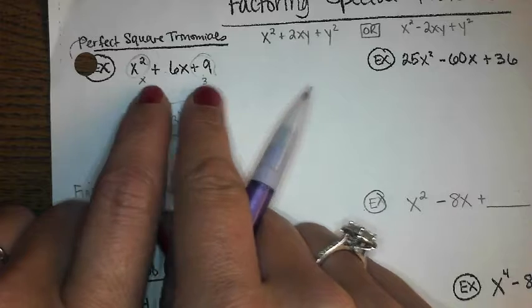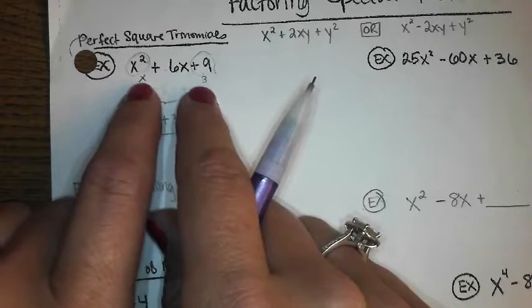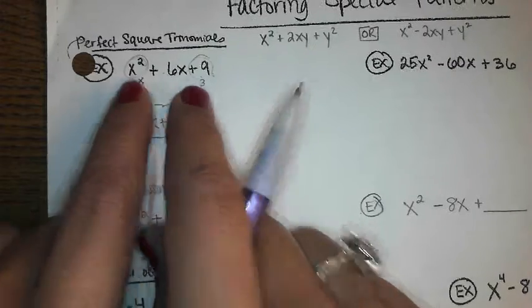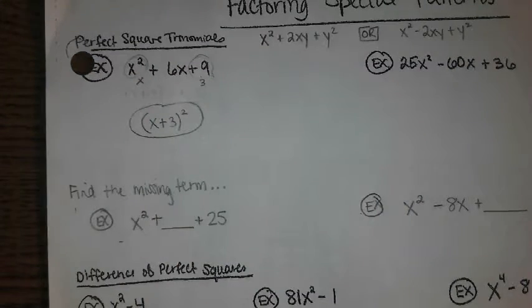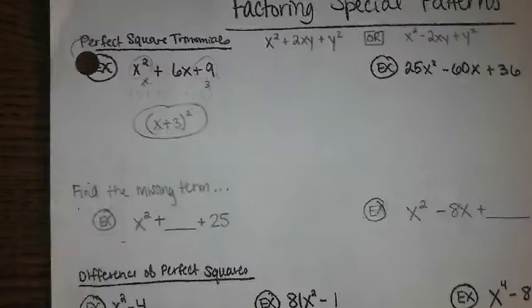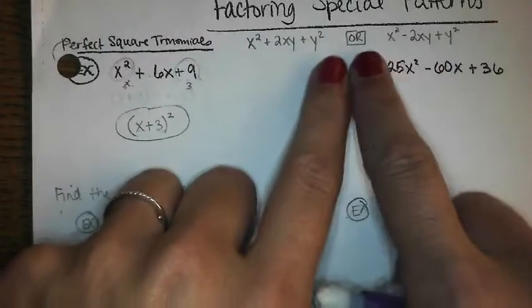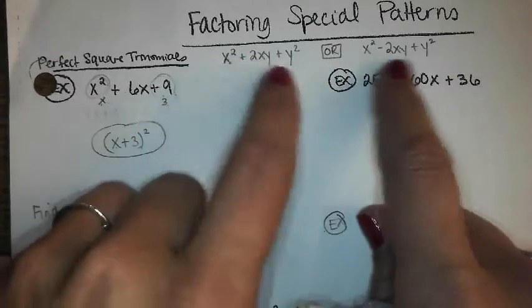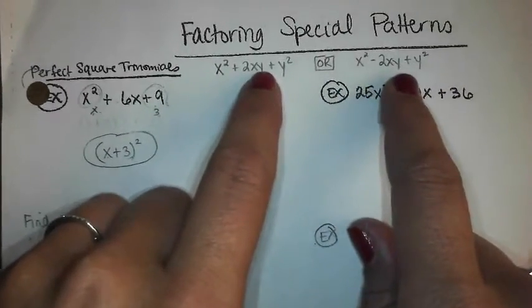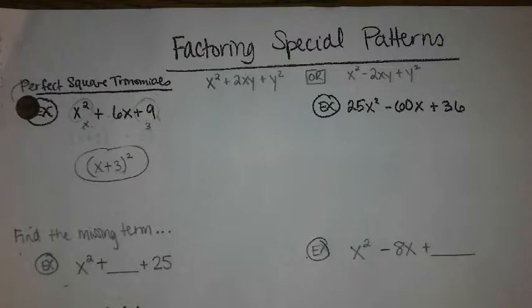If the middle term is double that, is 6x double 3x? Yes, then it's a perfect square trinomial. And those square roots make the binomial. Okay? So write these 2 here. These are the special patterns we're going to look for, and I'm going to explain them in a minute.